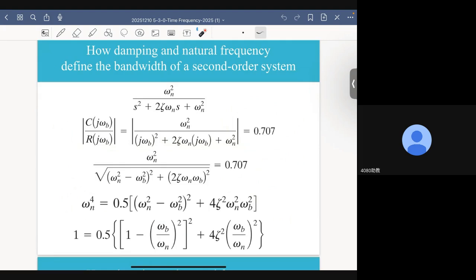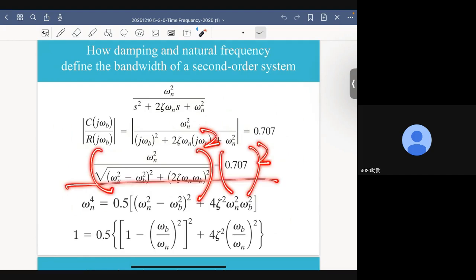All right. Now, what I do next is I rewrite this value. Omega n squared remains omega n squared, and the magnitude of this complex number is this. Then the next thing I do is I square both sides of these equalities.